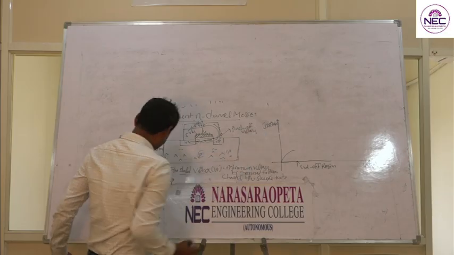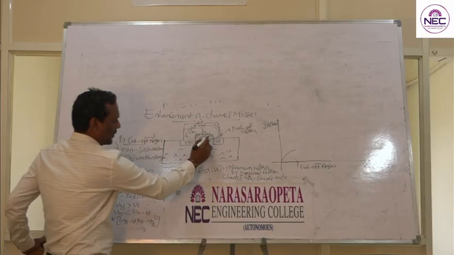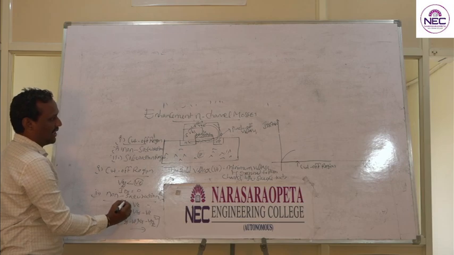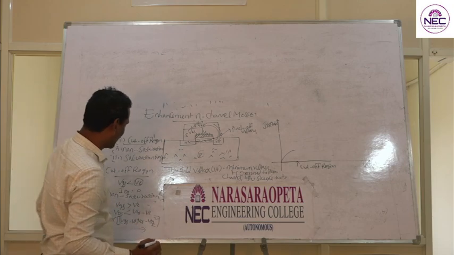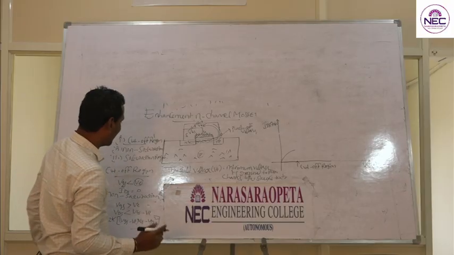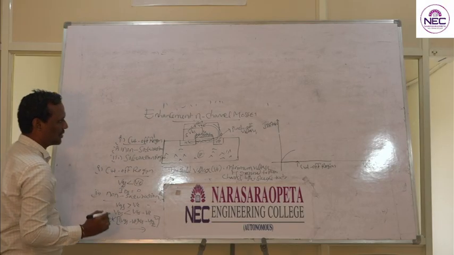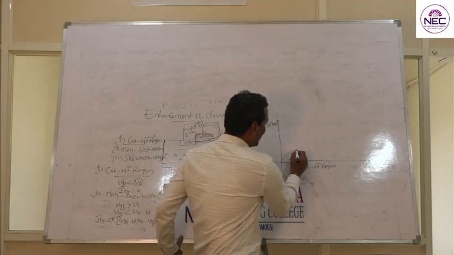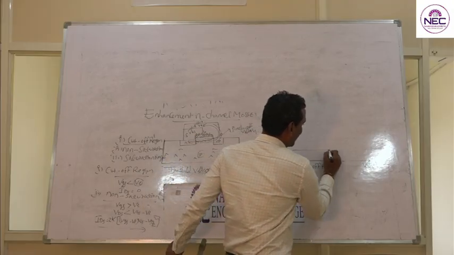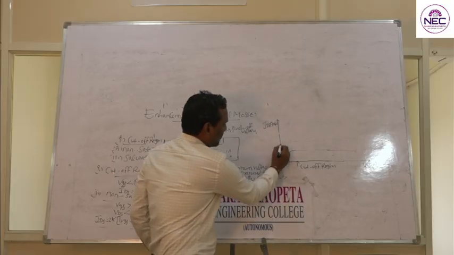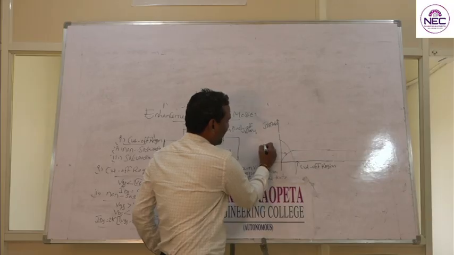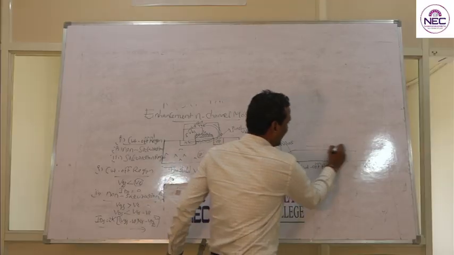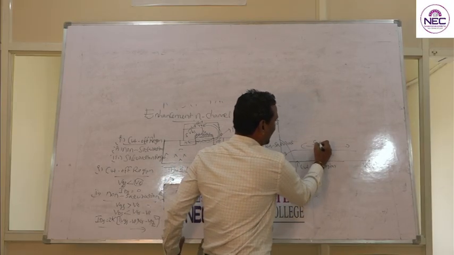After entering into the pinch off point, if you keep on increasing the VDS, a constant amount of current flows in the device. So this region we can call the non-saturation region, and this region we can call the saturation region.